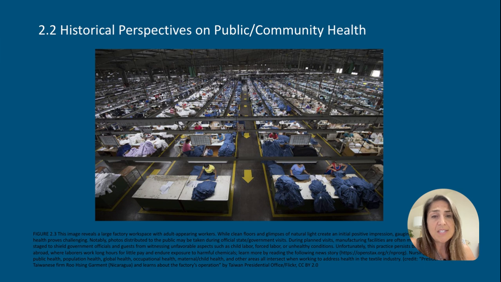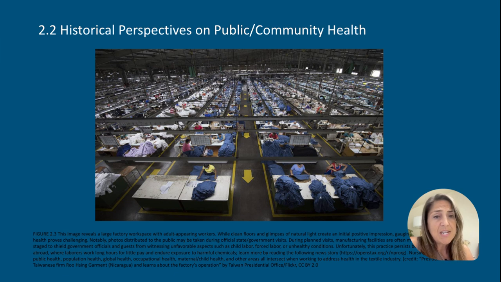Now we're going to look at this next picture. What you're looking at is a large factory workspace with what appears to be adult workers. It looks like there are clean floors and natural light, which perhaps give a positive impression. This workplace overall is challenging for health.